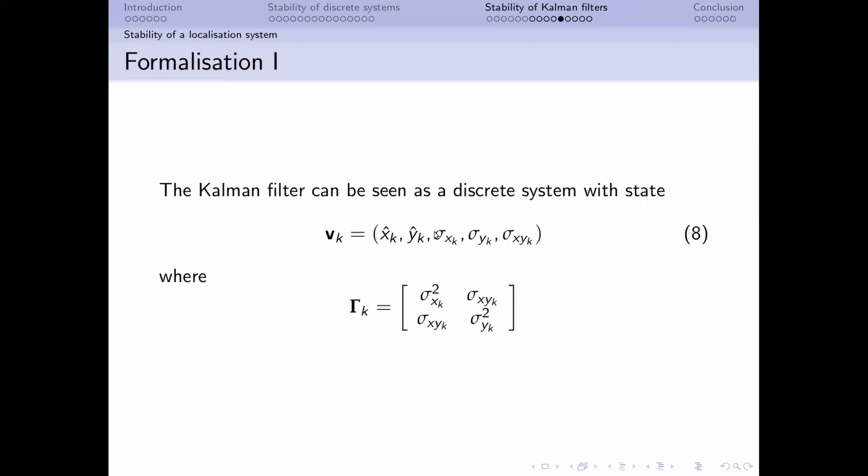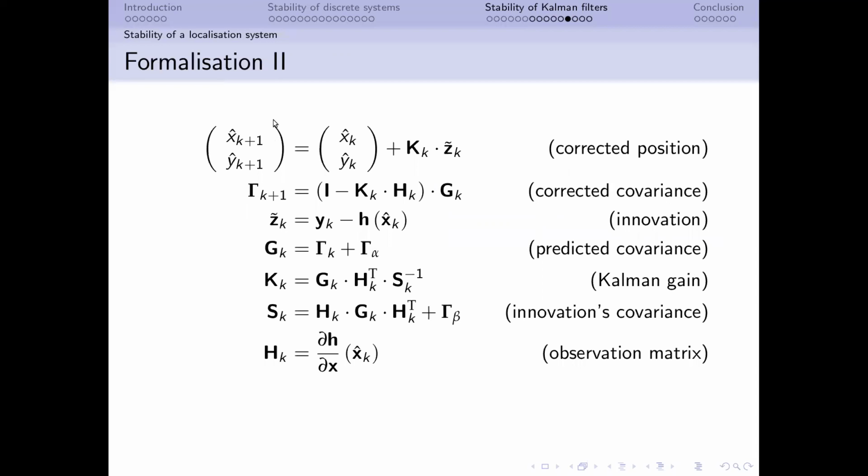Once we have this state, what we have to do is to transform all the equations that are basically the general equation for the Kalman filter applied to our problem into a discrete time system. We can do that with a computer. That is highly recommended when the state vector is large, because it's very cumbersome. But in the end, we can obtain the general form of a discrete time system, which is vk plus 1 equals a function, call it p of vk.